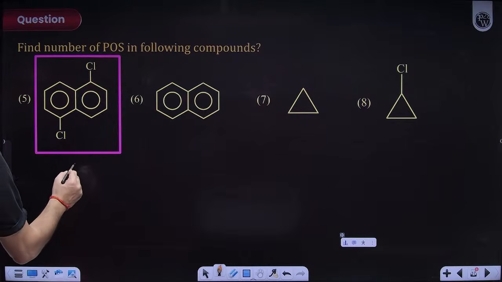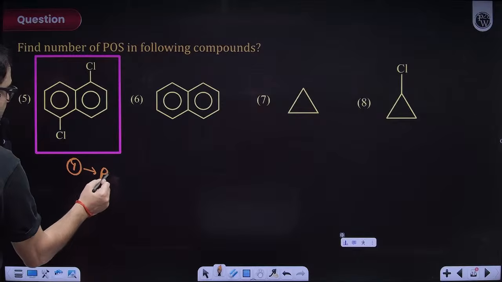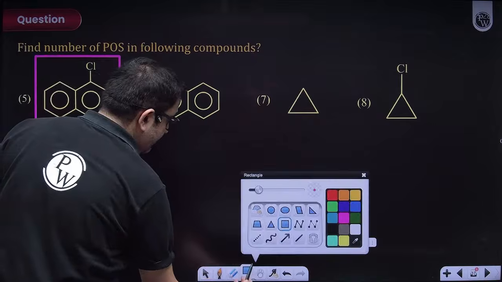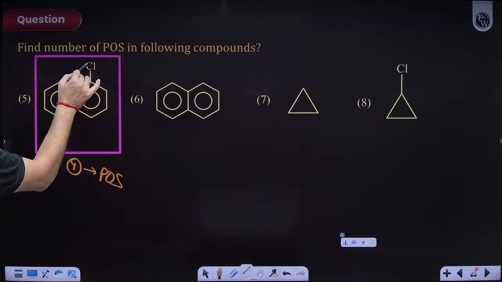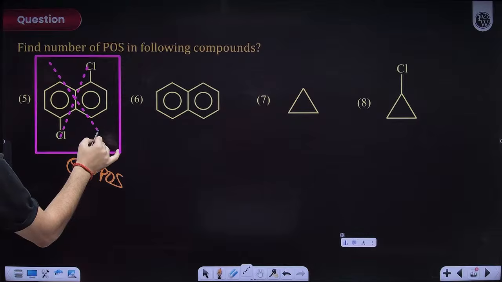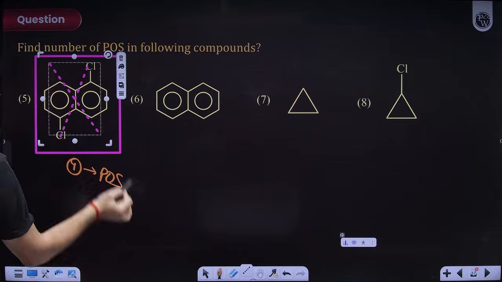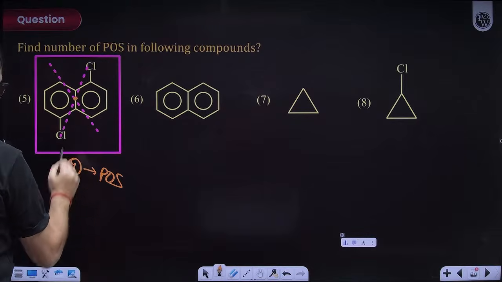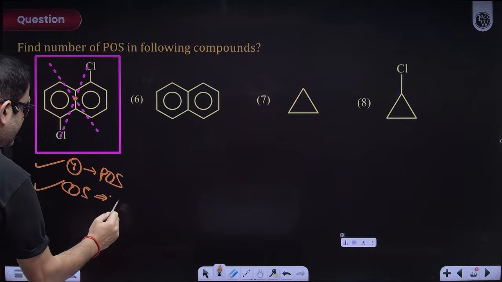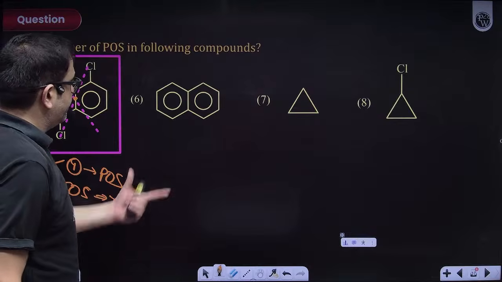So it is only having one plane of symmetry. Now, is it having center of symmetry? Yes, sir. Why? Obviously, see, Cl Cl, H H, sir, passing through the center, sir. So this is definitely having center of symmetry.